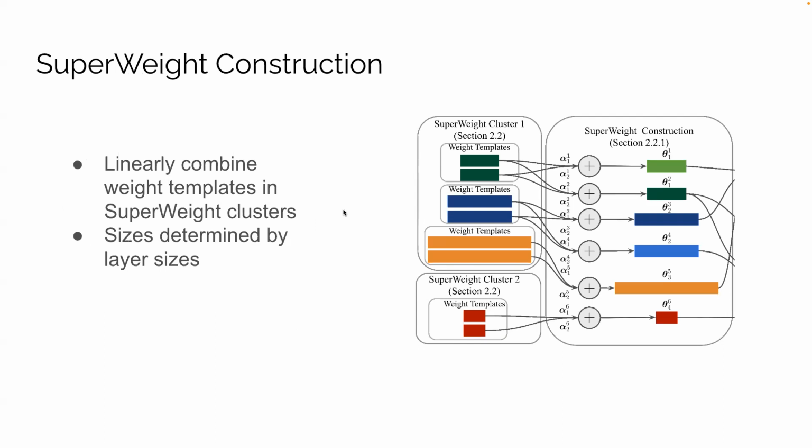Once we have SuperWeight clusters, we allocate some parameters to each cluster and create templates. Those templates are linearly combined with alpha coefficients. The sizes of the superweights are determined by layer sizes, as we'll see in another slide.